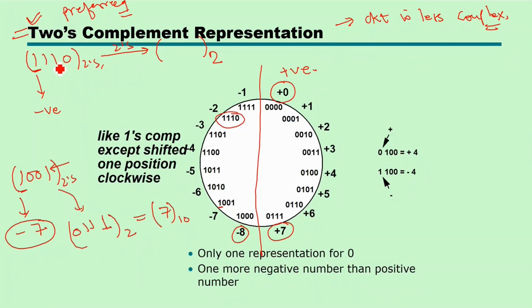When 1 comes, till that we have to put as it is. So 0 and 1 will be as it is. After that, whatever the numbers are there, we need to complement. So it is 1, 1. So we need to complement, it is 0, 0. So after it is in binary, in decimal equivalent, it is 2. So its representation will be minus 2 in decimal. So this is how we can represent the numbers.